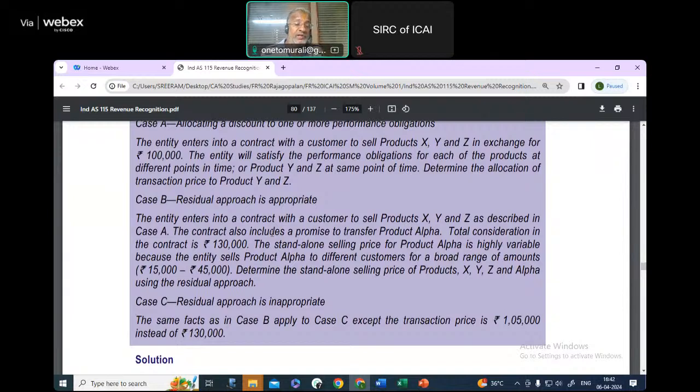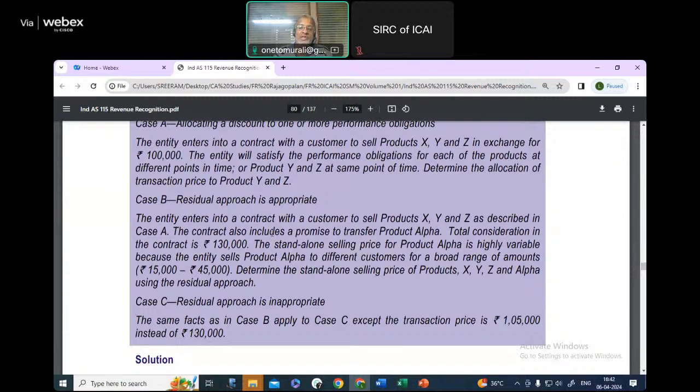The contract also includes a promise to transfer product alpha. Total consideration in the contract is 130,000. The standalone selling price of product alpha is highly variable because the entity sells product alpha to different customers for a broad range of amounts, 15,000 to 45,000.